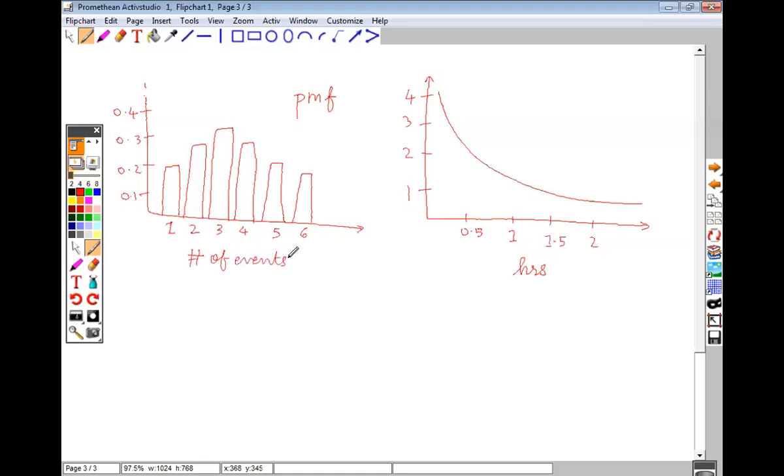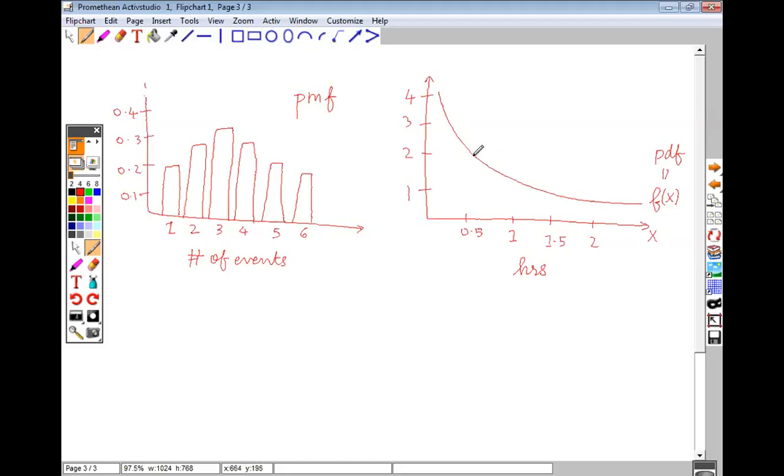Here, this represents something which I write as f of x, which will essentially be the PDF. If I'm defining the variable that I'm plotting on the x-axis as small x, which is the time, this will just be f of x, a function of x.